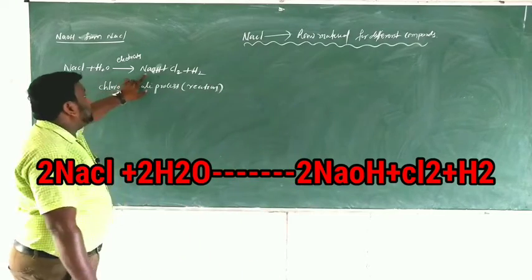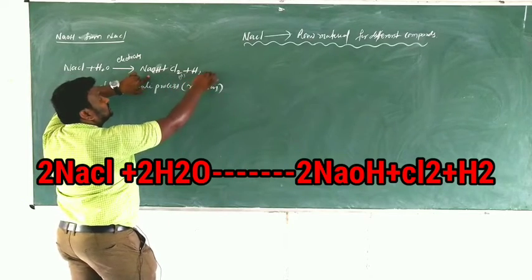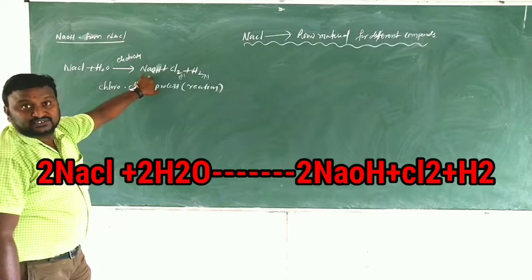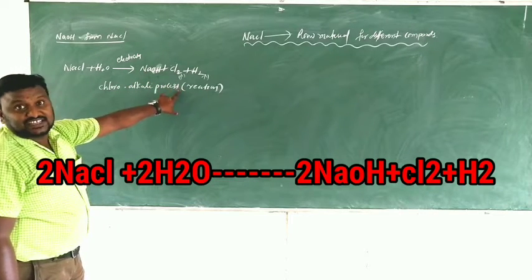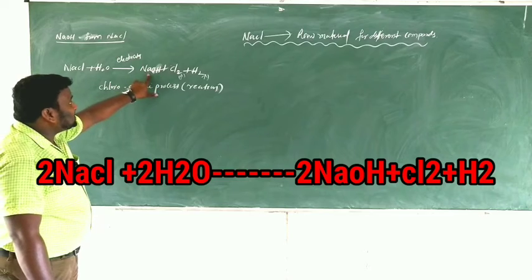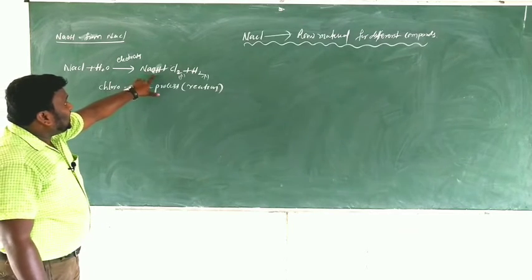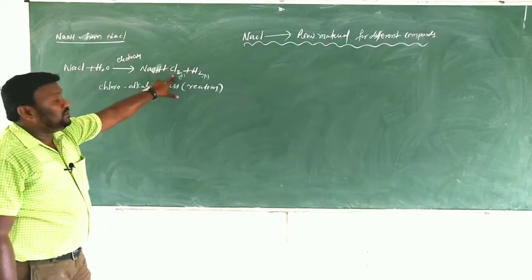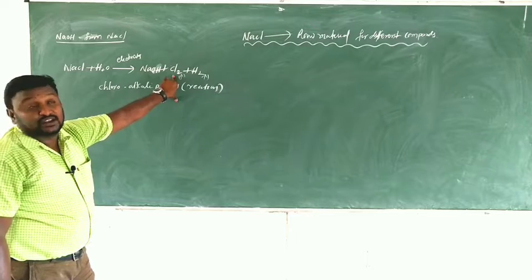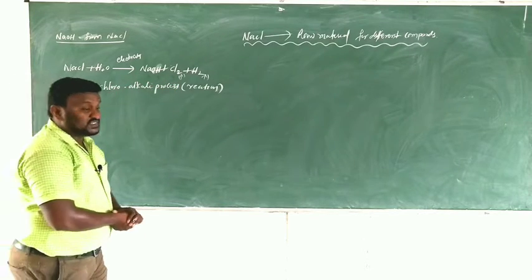And along with the base we get chlorine gas. So in this reaction one base is created that is dissolved in water, that's why NaOH is taken as an alkali, and along with that we get chlorine. That's why it is known as the chloro-alkali process.